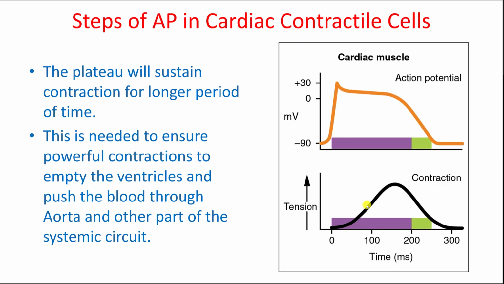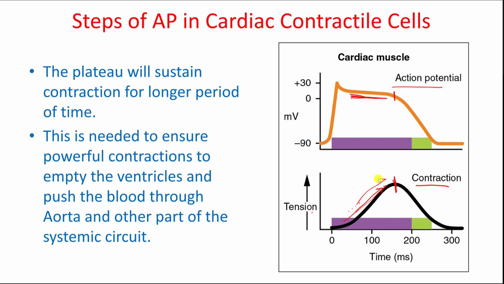So if we want to overlap the action potential with the contraction, notice this area. The peak of the tension of the contraction is toward the end of the plateau. So what's happening here is that we are building up the contraction, or the tension. Think of it like squeezing gradually, and we are maintaining that squeeze. Okay, so that is the idea of the plateau.